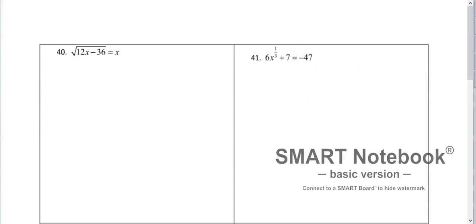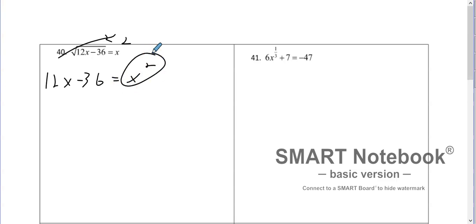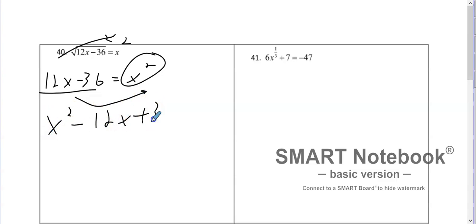Okay, 40. More practice. Square this side, square this side. That goes away. 12x minus 36 equals x squared. Again, leave this positive. So we're going to move these two over. X squared minus 12x plus 36 equals 0. I need two numbers that multiply to give me 36 that add up to negative 12.